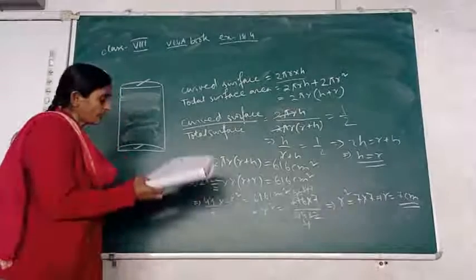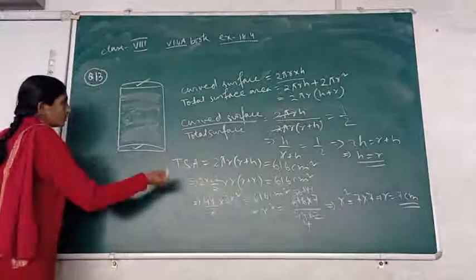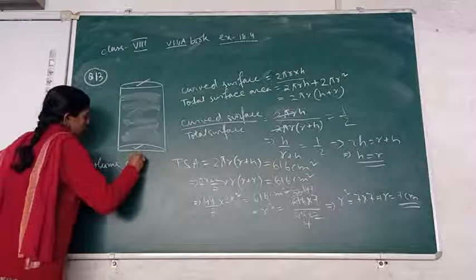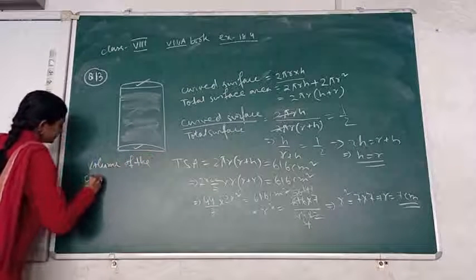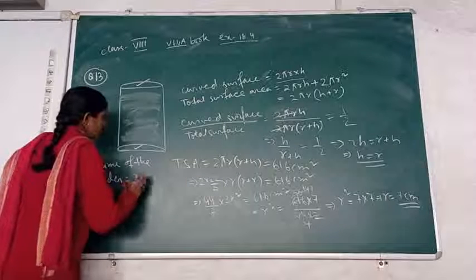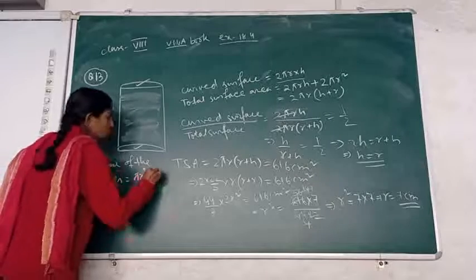Now you have asked for the volume of this cylinder. So what will the volume of the cylinder be? The volume of the cylinder is equal to, what was the formula? For the volume it is pi r square into h.